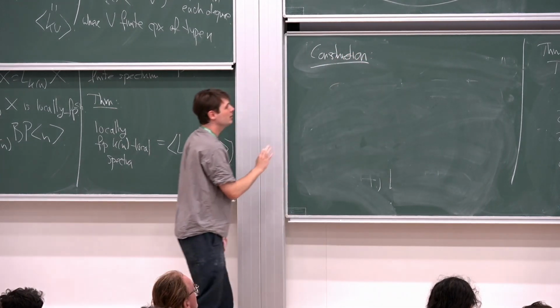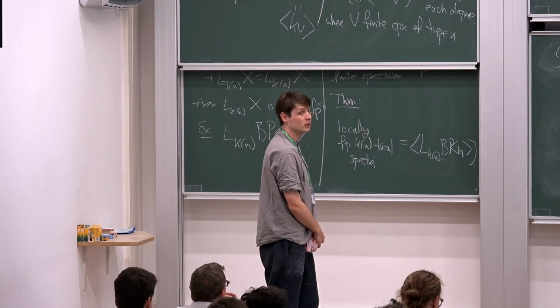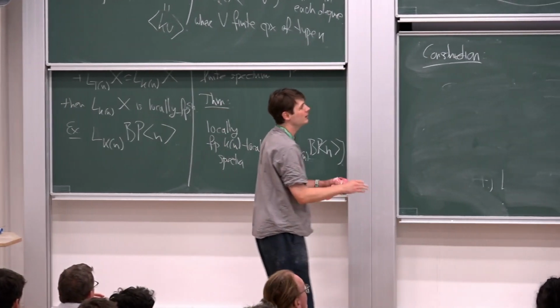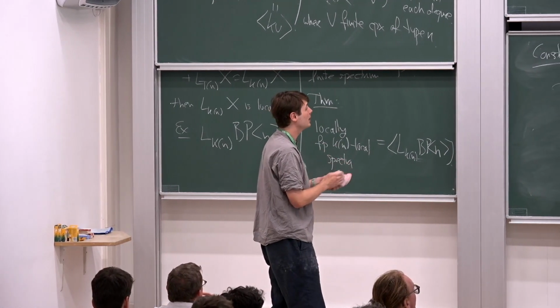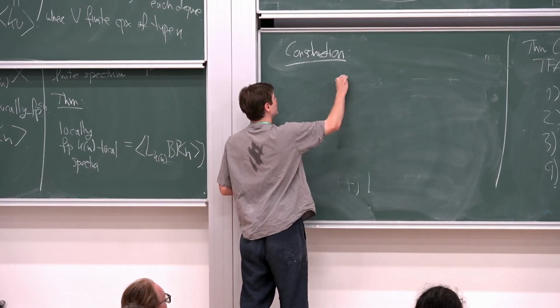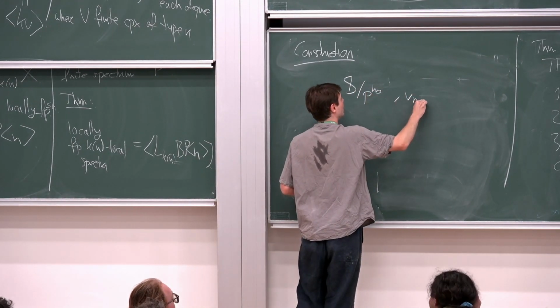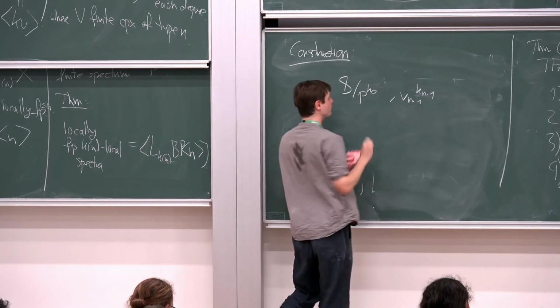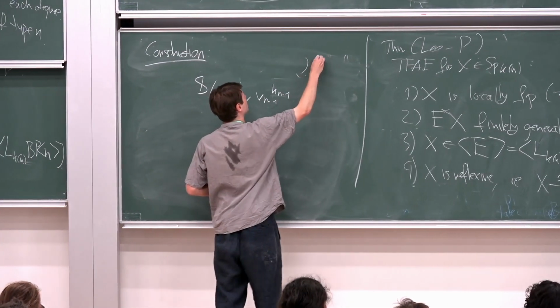And the construction already uses a recent breakthrough result of Robert Burklund, that there exist finite ring spectra, and they can actually be made coherent. So Burklund shows that if you start with the sphere, and you mod out by some generators here, to make this type n, by Burklund this is actually a ring spectrum.